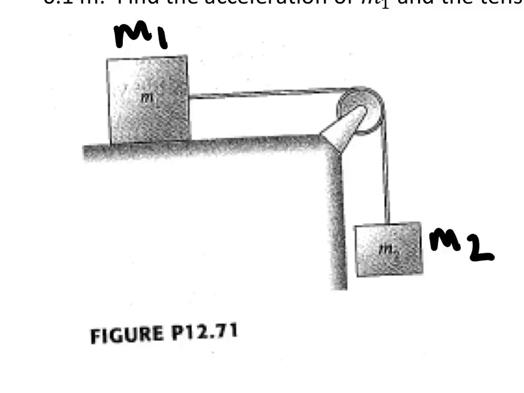So let's go back to our big picture here. We came up with an equation for M1, this block right here, and it turns out that equation was F1 equals M1 times A. I came up with an equation for this block right here, and for that block we had F2 minus M2 times G equals negative M2 times A. And then we ended up with an equation for the pulley.